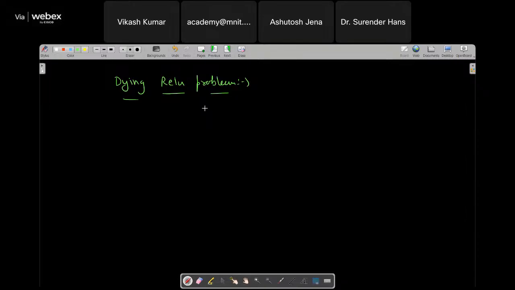The dying ReLU problem means that the output of the activation function sometimes becomes equal to 0. Whenever we apply the input, the output is 0, and we call that a dead neuron.